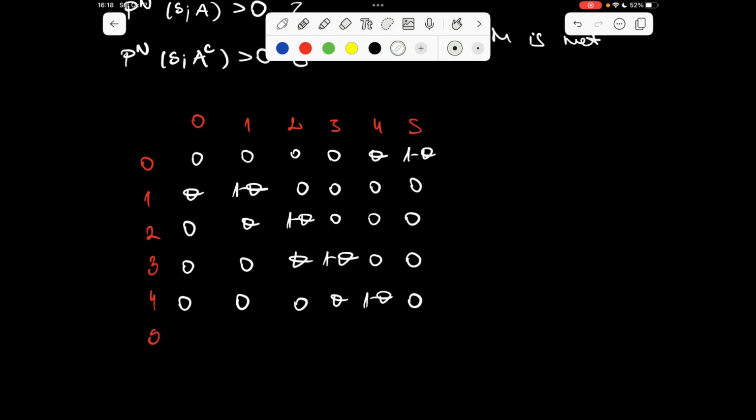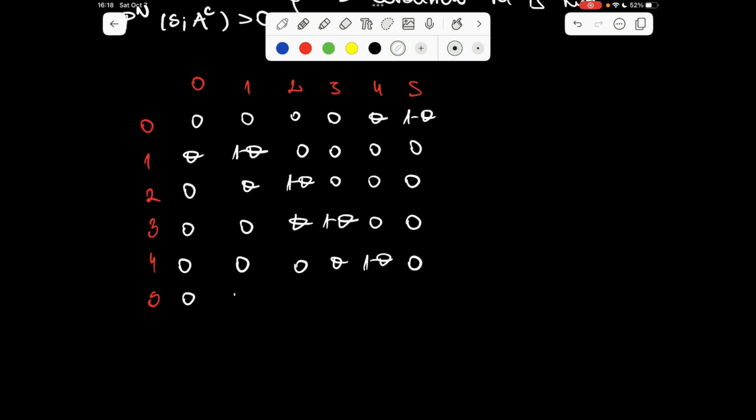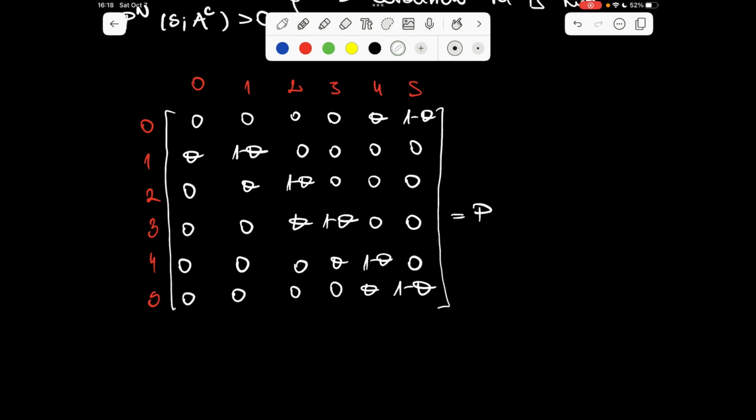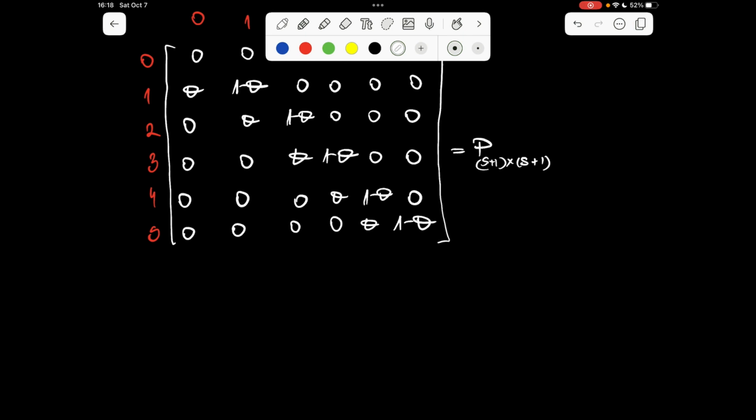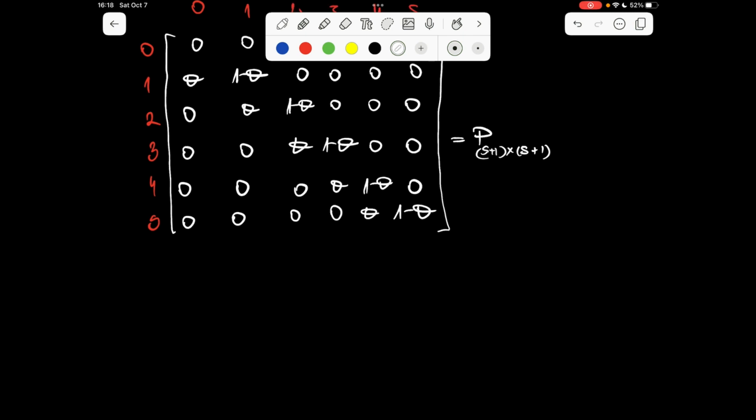So this Markov matrix precisely describes the whole inventory problem of the firm. This is a Markov matrix which has the dimensions of S plus 1, S plus 1. As a first demonstration, let's work with this concrete example, and in the next step we will generalize our results.